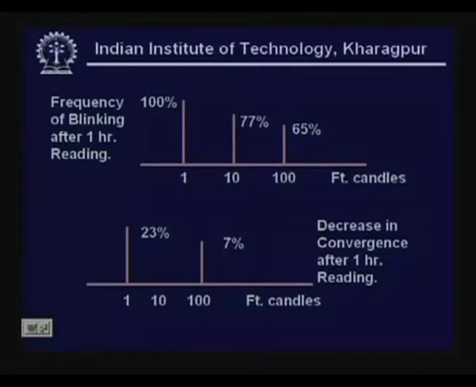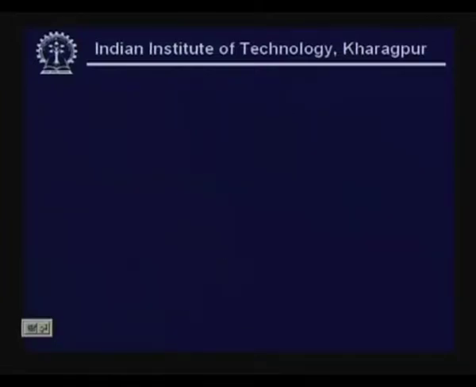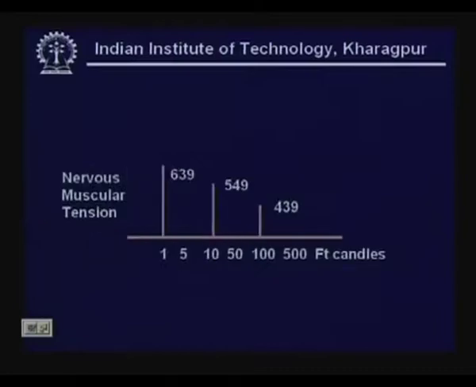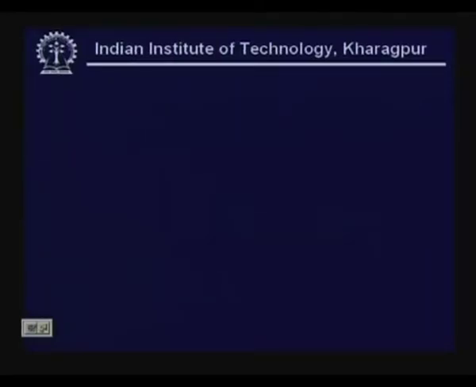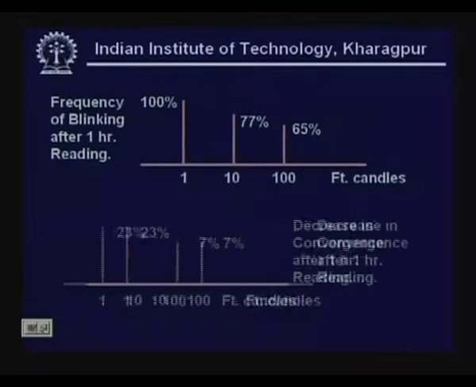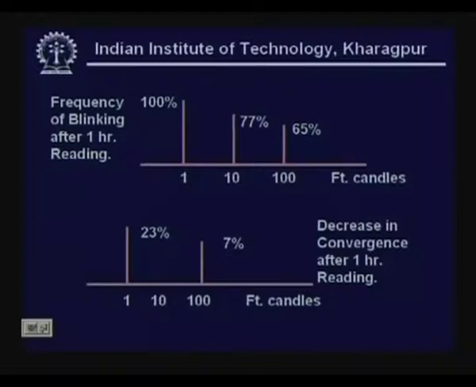So, if you can recall once again, we see the visual acuity improves with the increase in illumination, the contrast sensitivity improves, and the increased illumination is able to reduce the muscular tension, and also the blinking rate reduces, and obviously the error in convergence.